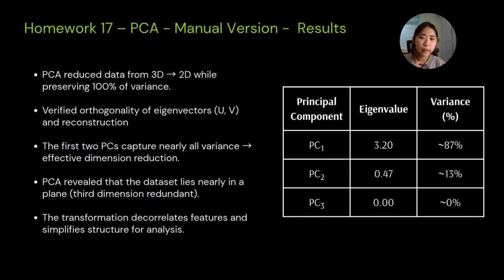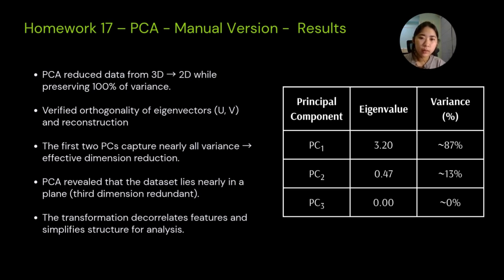So I wanted to talk about the results that I received from computing PCA manually, and I interpreted the result and put it in the table on the right here. The PCA reduced data from 3D to 2D while preserving 100% of variance, and also verified the orthogonality of eigenvectors, which I computed in homework 17, and it did some reconstruction.